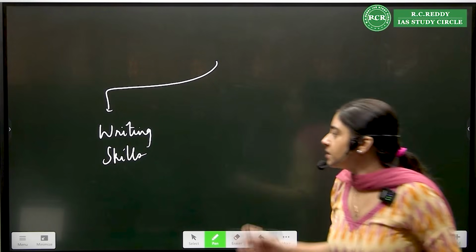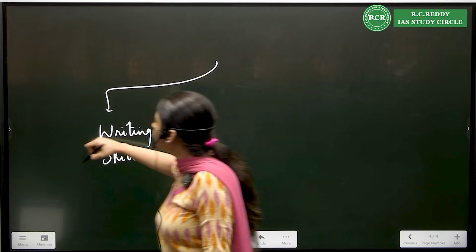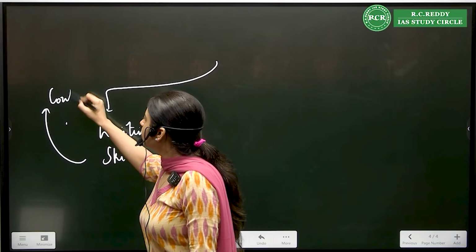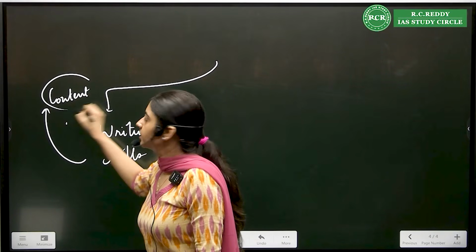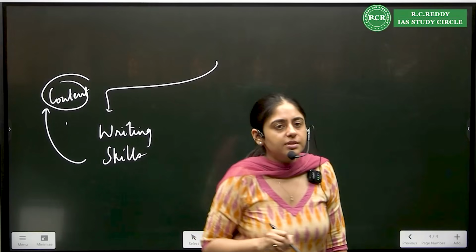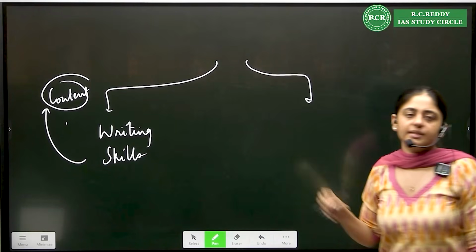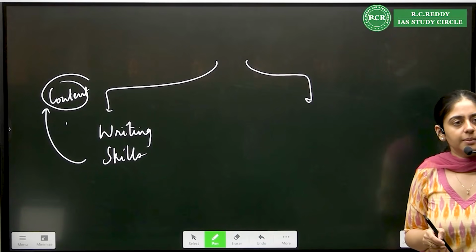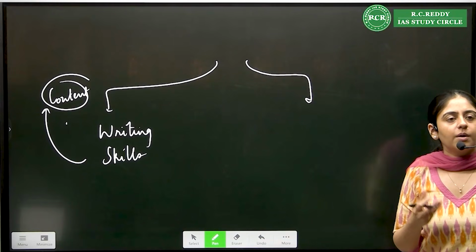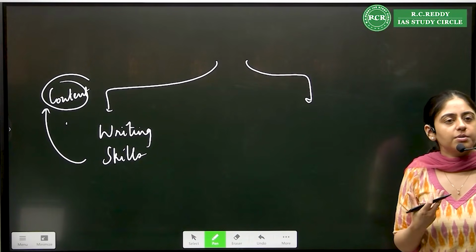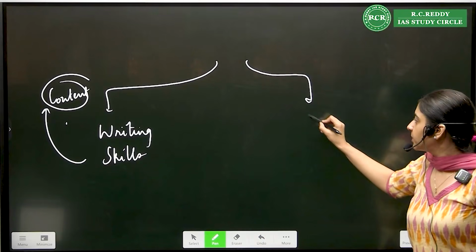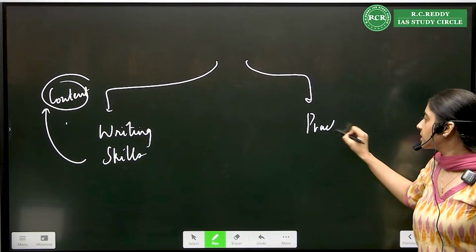So these students have to focus more on content collection: do I have quotes, do I have dimensions? Then there will be a second type of students whose writing skills are not that well developed, who don't know how to connect things or articulate things.